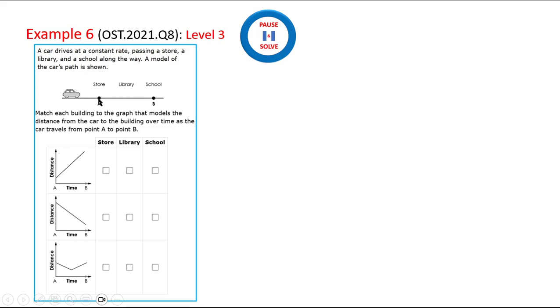When you are here, if you look at the library, the distance to the library is decreasing until you pass by the library, and then your distance to the library is going to be increasing. So basically, that's this answer here.